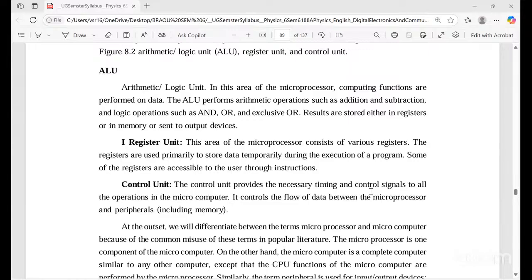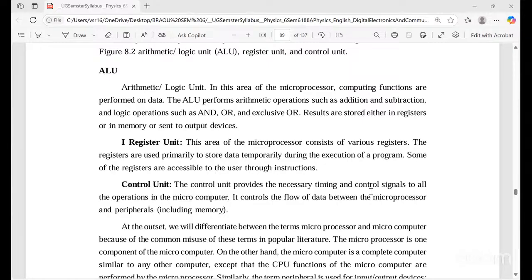It performs addition, subtraction, logical operations such as AND, meaning multiplication or dot product, OR meaning summation, and exclusive OR, XOR gate. Results can be stored either in registers or memory, or sent to the output devices.